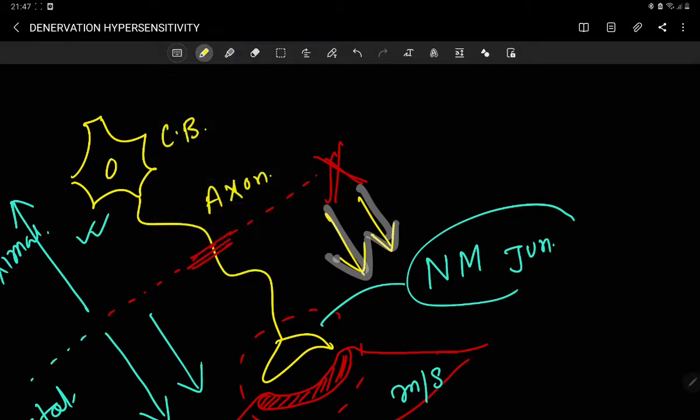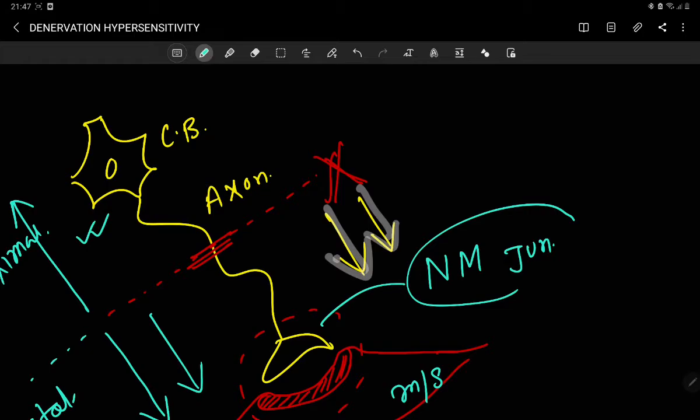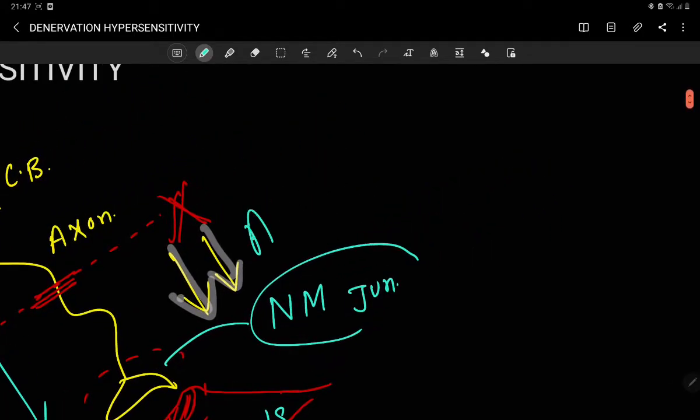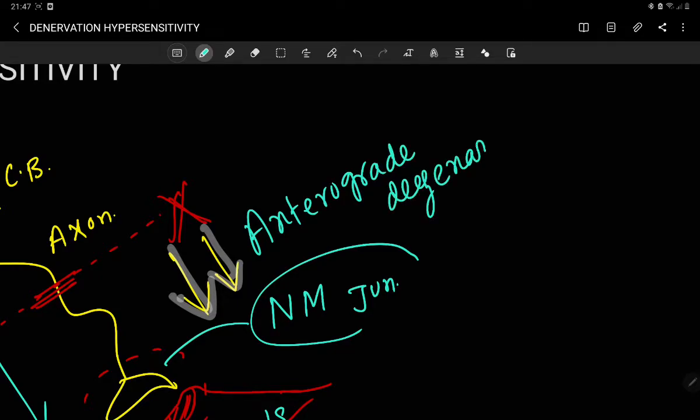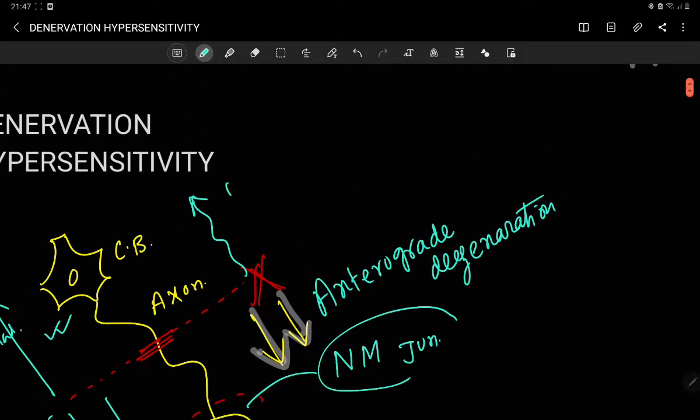The degeneration of the nerve in this direction is called anterograde degeneration, and the degeneration in this direction is called retrograde degeneration.